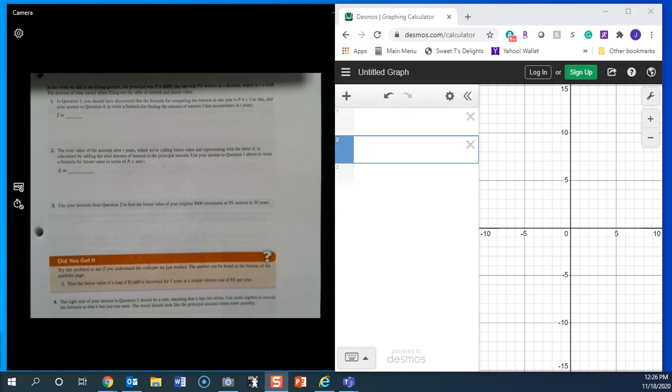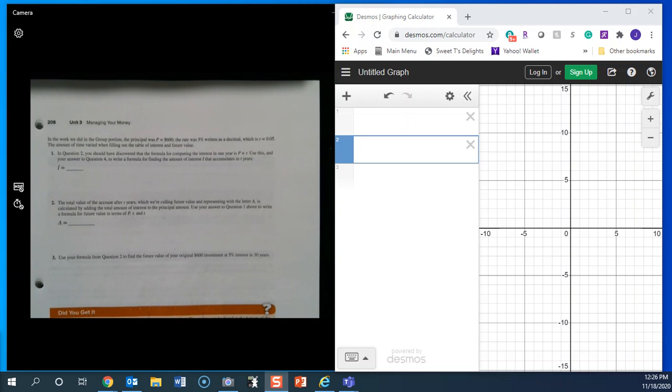All right. So now, on page 208, it says, in the work we did in the group portion, the principal was P equals $600. The rate was 5% written as a decimal, which is R equals 0.05. The amount of time varied when filling out the table of interest and future value.